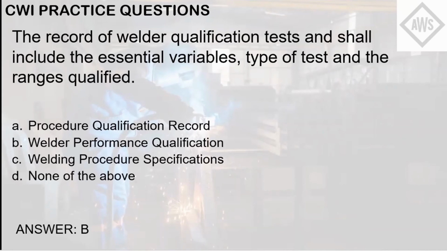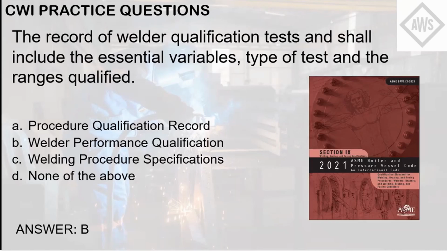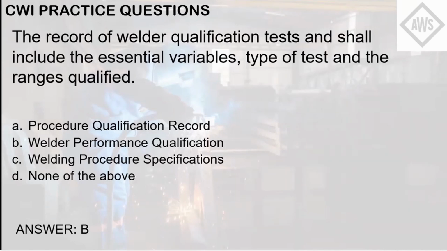So this welder performance qualification is an important welding document that specifies the range of variables that the welder is qualified in accordance with the applicable codes and standards. For example, the welder is qualified with ASME 9, so the essential variables specified for that process are included in this document.